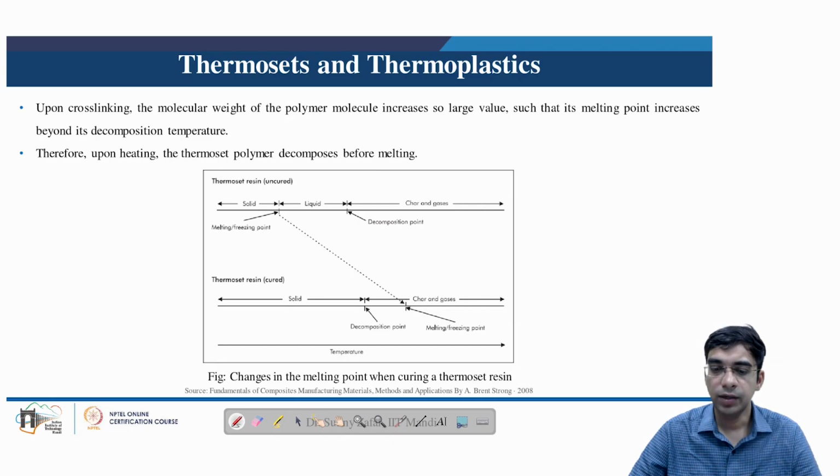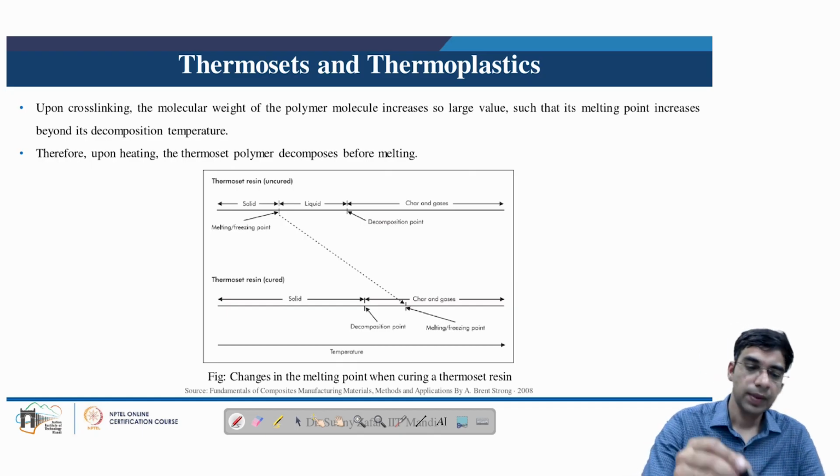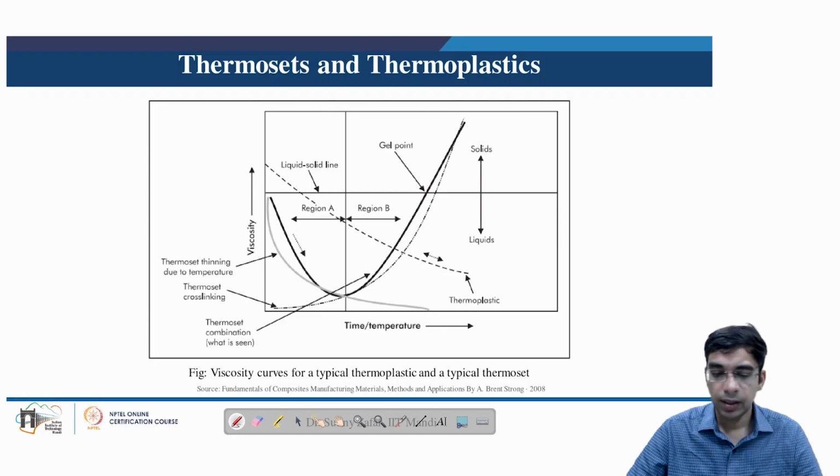So the value of the melting point exceeds the decomposition range, and as temperature increases, before melting is witnessed, the polymer decomposes, and therefore charring is directly observed in the case of thermosets, and melting is not observed. Next, in terms of the role of temperature, how does temperature influence the viscosity of these thermosets and thermoplastics?